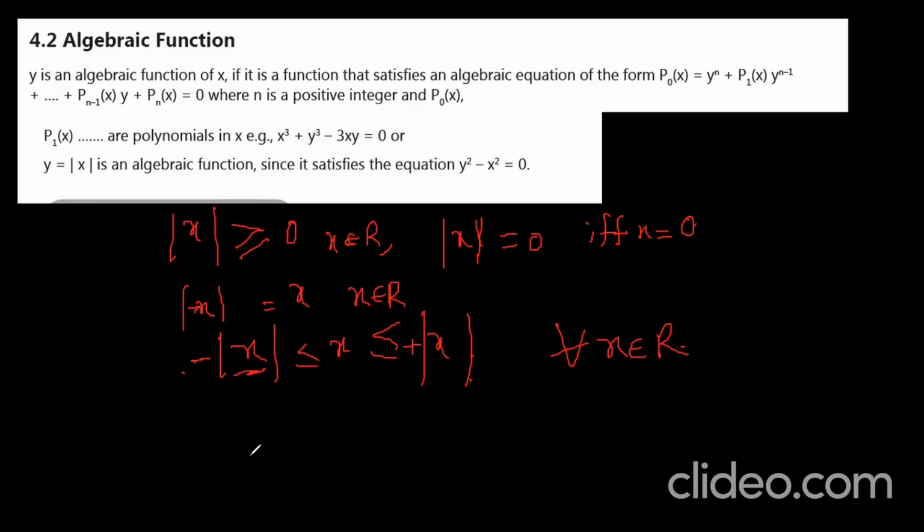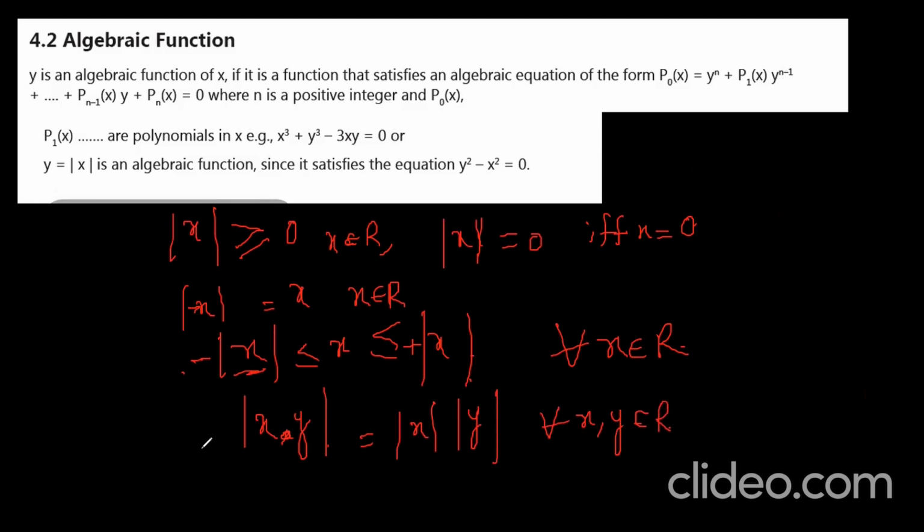Okay. Similarly, I am taking two numbers, x and y. X into y you take. Then what do you get? Mod x into mod y, for all x comma y belongs to R. Okay. Next, for any finite real numbers x1, x2, and so on, xn, their product is x1 into x2 into so on, xn.